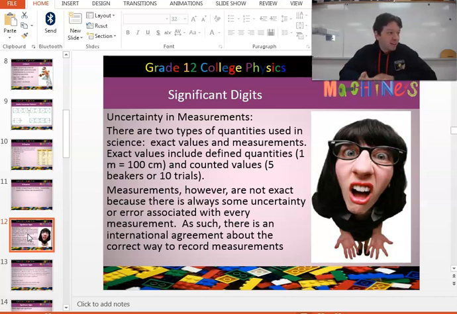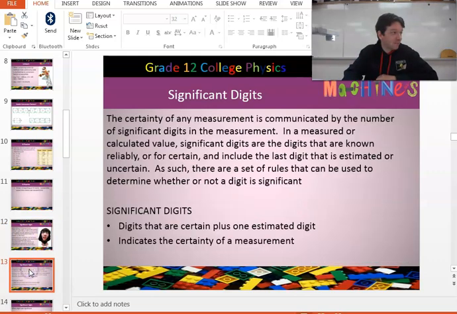Okay, when you're making measurements, there are some errors or some uncertainties when you make those measurements. And so we need a way to account for those. So what we do is we have significant digits. And when we write significant digits, it's always assumed that the last digit is your estimated digit. That way, when you're writing certain numbers, people know how accurate your measurements actually are.